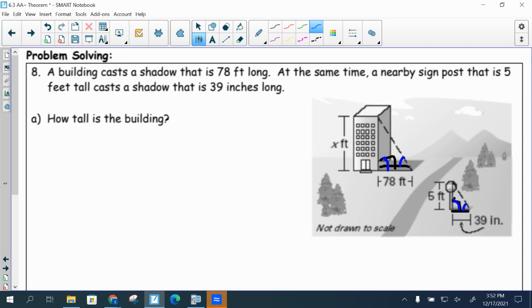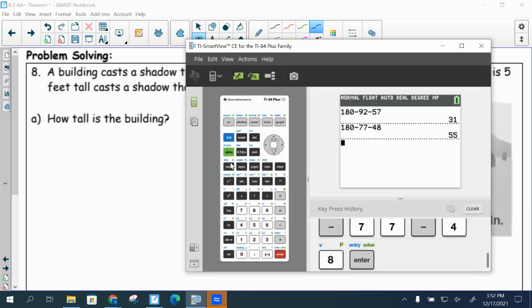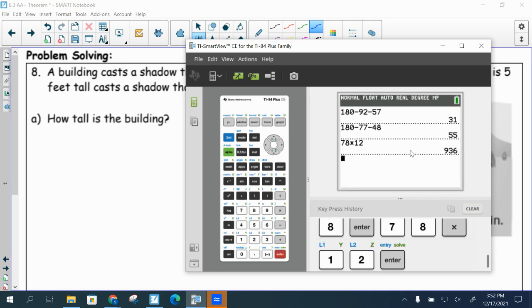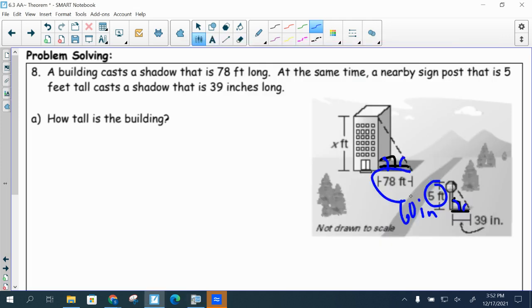But in order to compare them, we have to have the same units. So one thing we can do is convert them all into inches. So 5 feet would be 60 inches, because you multiply by 12, and 78 times 12 would give you 936.